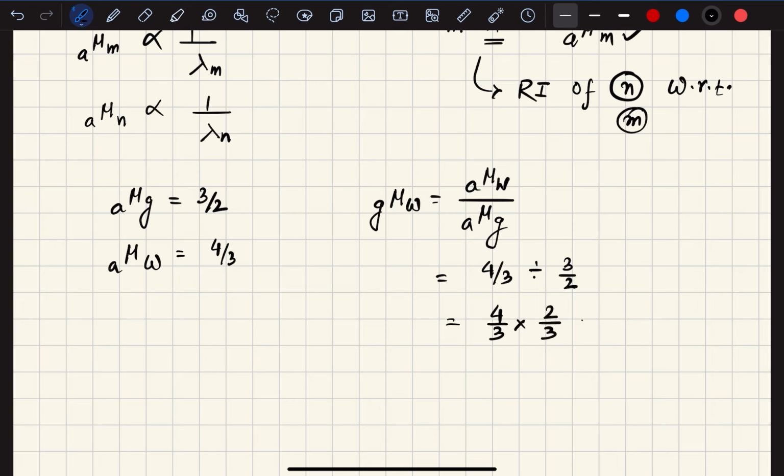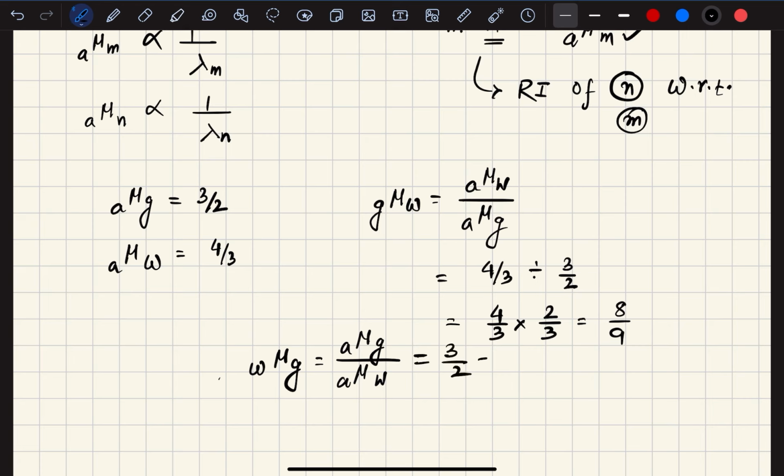If it was asked that wμglass, please find out, then glass with respect to water. So aμglass by aμwater. How will I find this out? aμglass is 3 by 2 divided by 4 by 3.